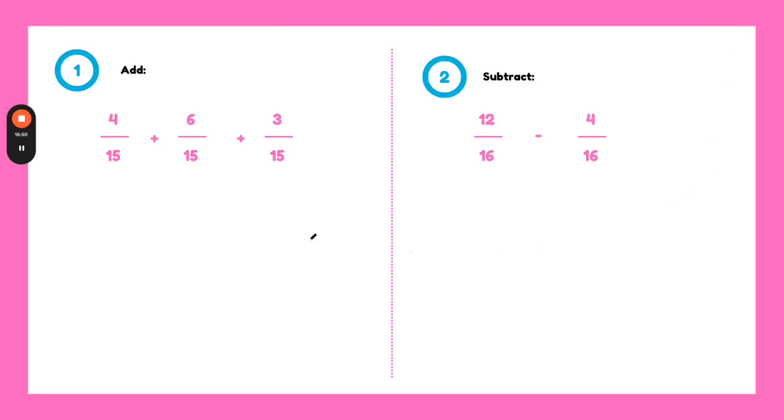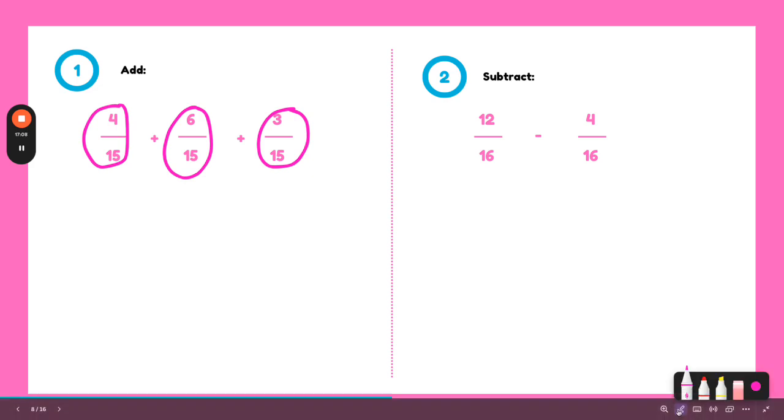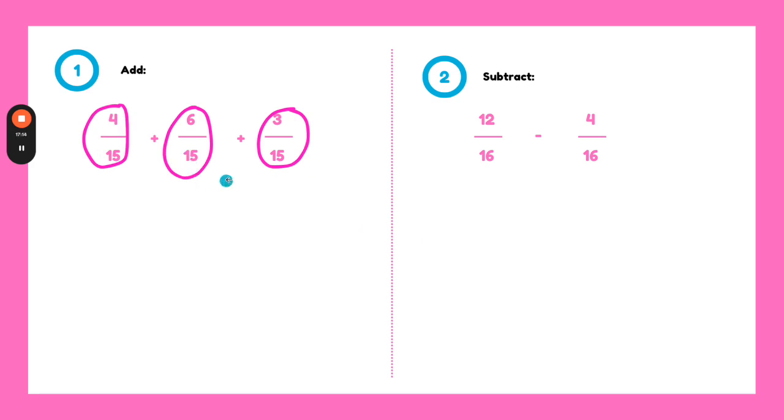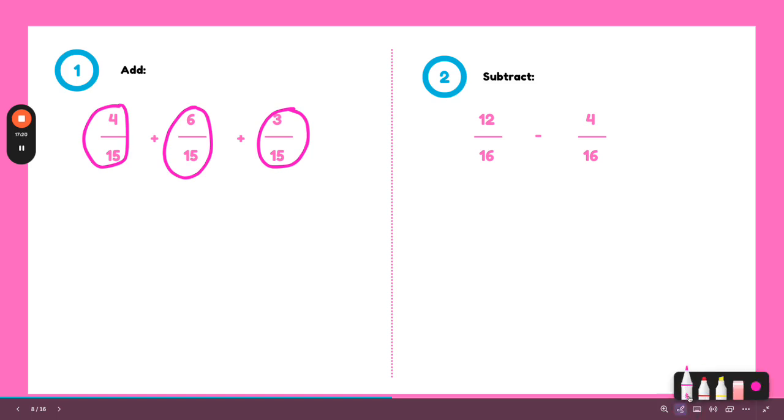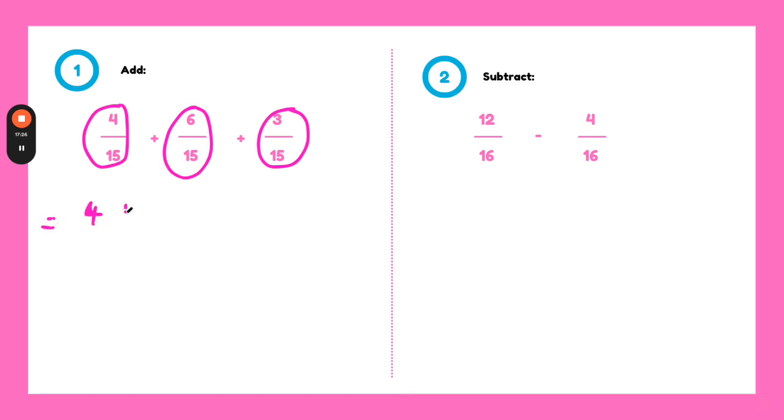Okay, so if you look at the first question, we're asked to add 4 over 15, 6 over 15, and 3 over 15. So 4 over 15 plus 6 over 15 plus 3 over 15. Again, all we do is add the numerators together because our denominators are the same.